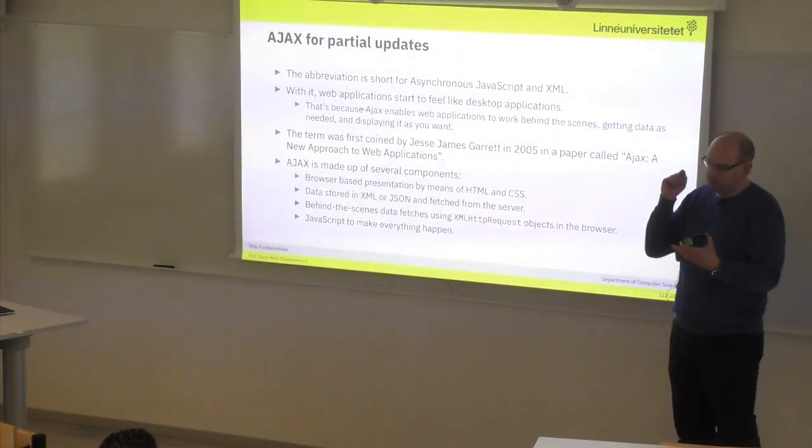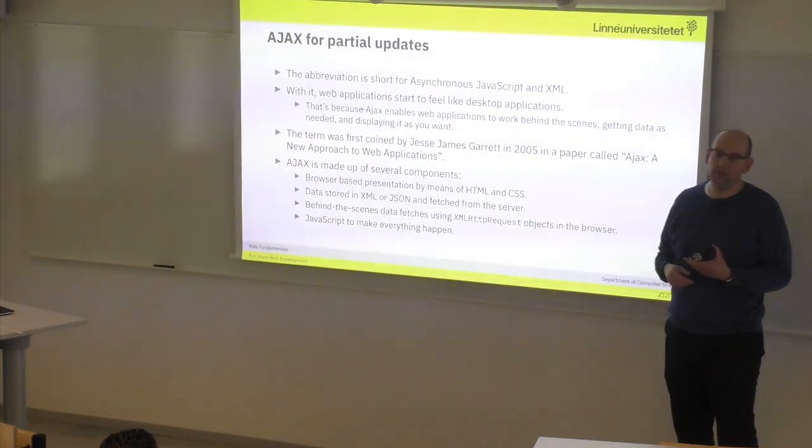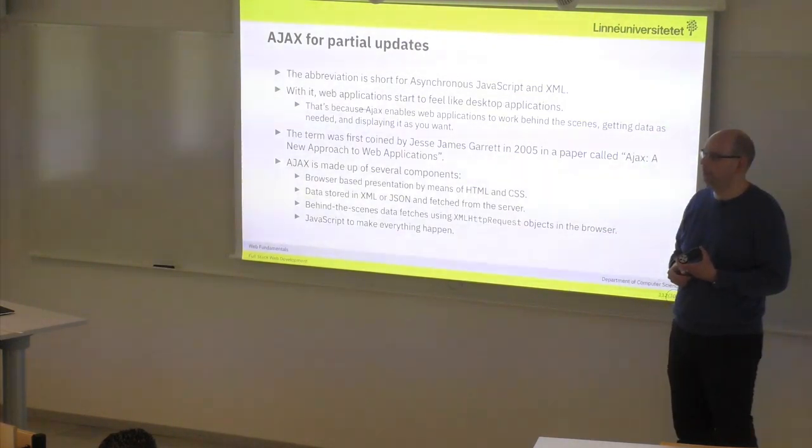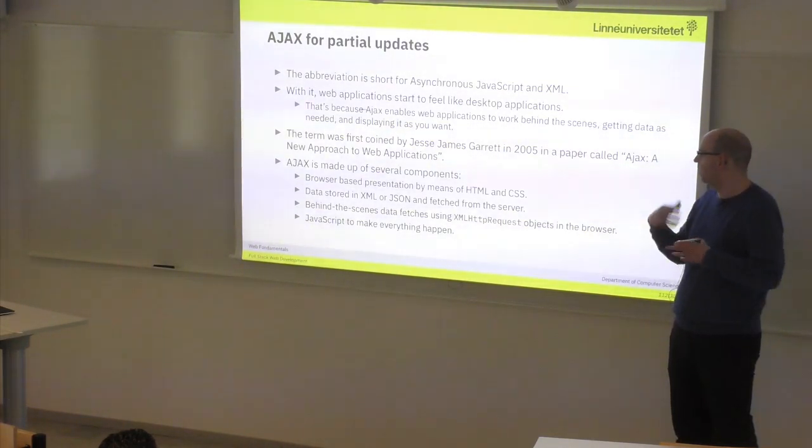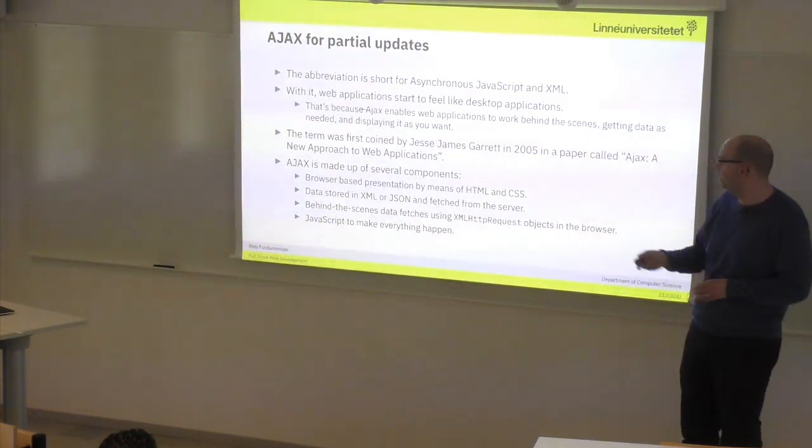Normally in HTML, if you press a button, as we saw last time, it will take all the information back to the server and it will reload the page, possibly with new information. However, sometimes we just want to update a small part of the screen, and we can do that using Ajax.